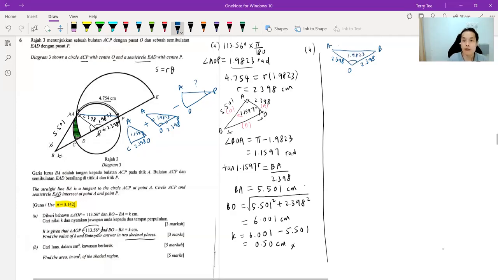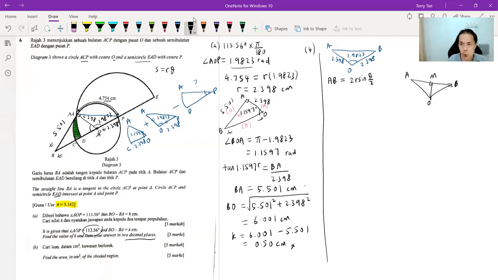So we can use the formula for chord. Now, for those who do not know about chord, the formula for chord AB is 2R sine theta over 2. Now, you want to use cosine rule? Can as well. You want to split into two and do one by one? Also can. What I mean by split into two, you see, the chord formula is actually derived this way. If this is AB, this is the midpoint, let's say AM, and this is O, the whole thing is theta.